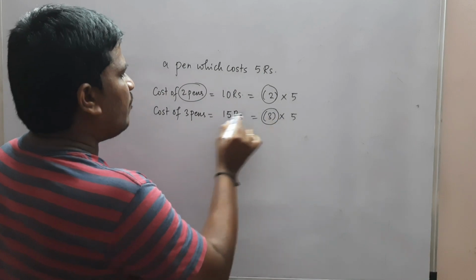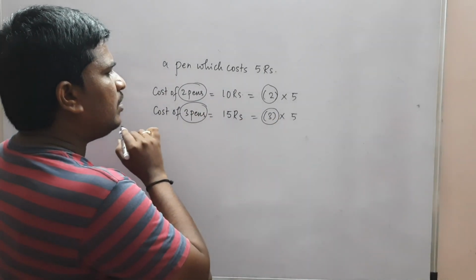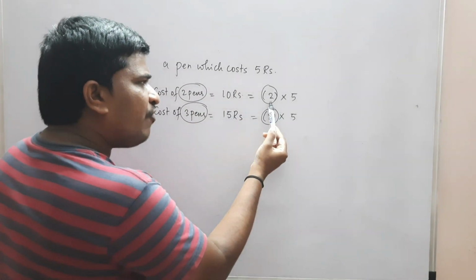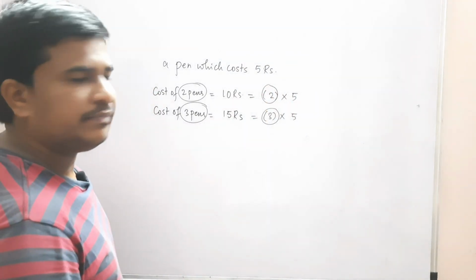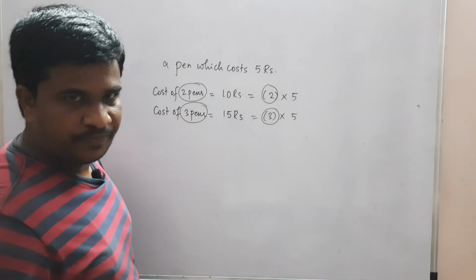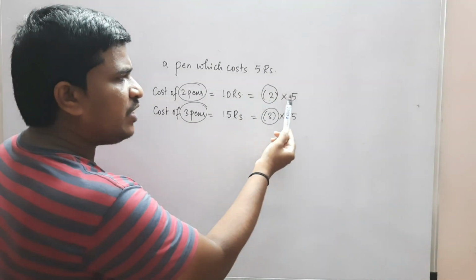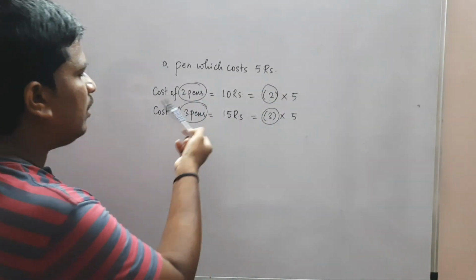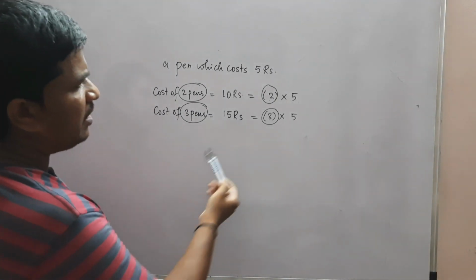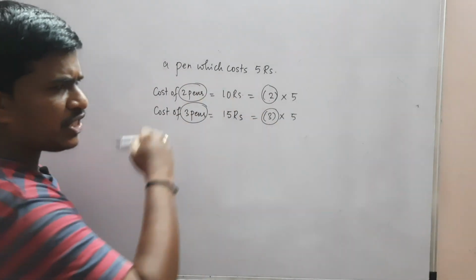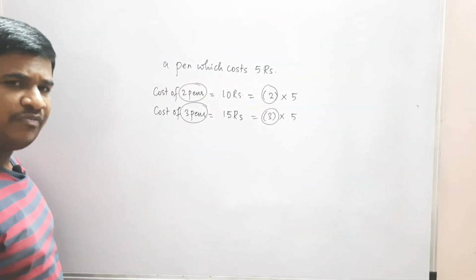Here 3 is the number of pens you would like to buy. So each time the number of pens is multiplied with the cost of 1 pen, because the cost of 1 pen is 5 rupees. That is how you are getting 15 rupees.